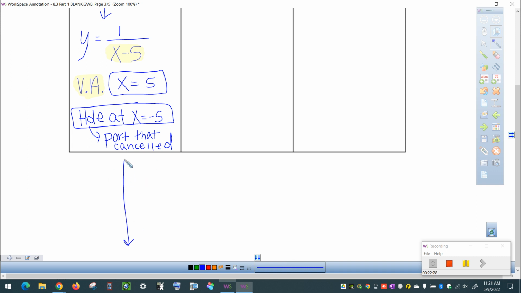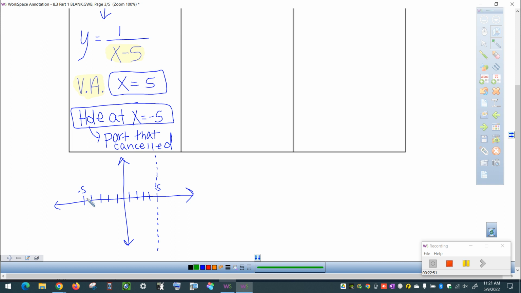So imagine that we have a rational function. Let's go ahead and mark out where the vertical asymptote would be. It's going to go through the x value of positive 5. And then let's mark out 1, 2, 3, 4, 5. That's where we have an x value of negative 5.